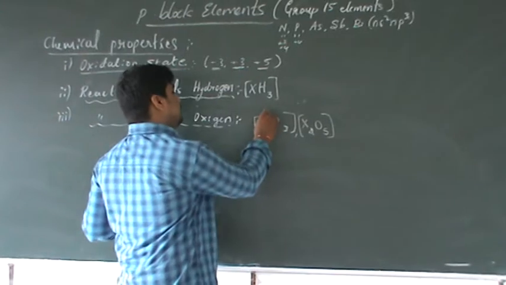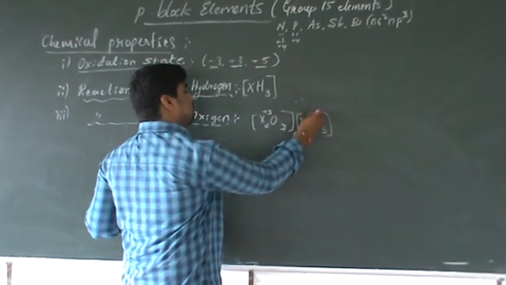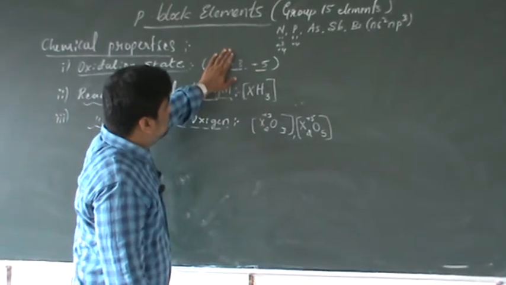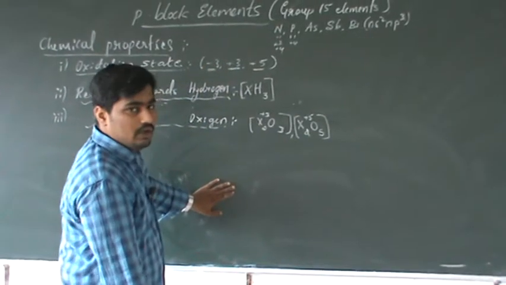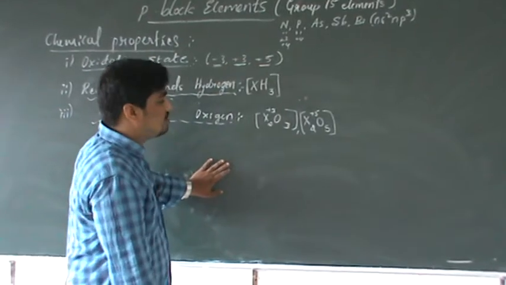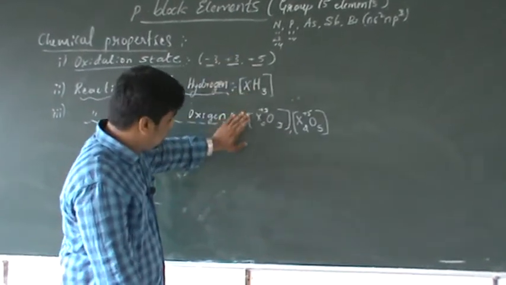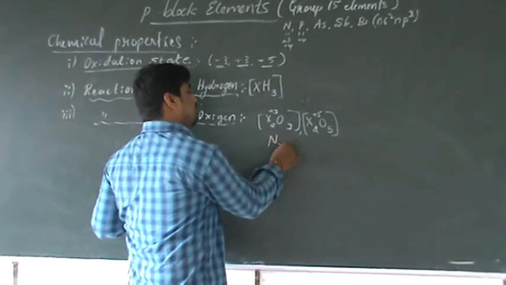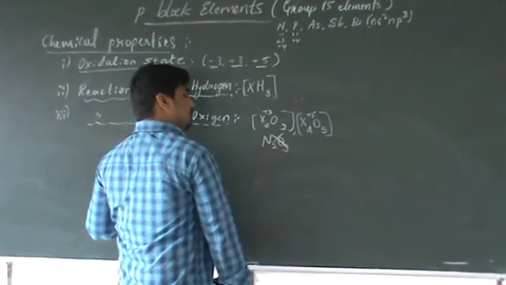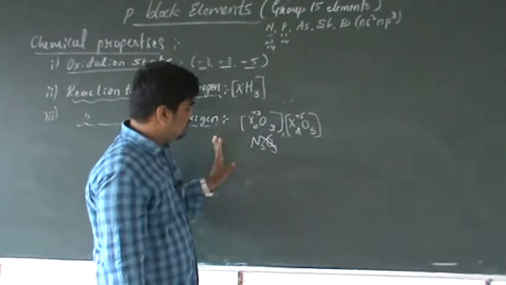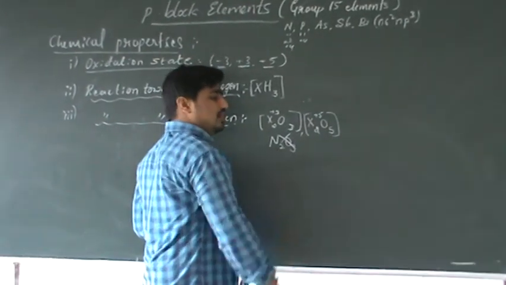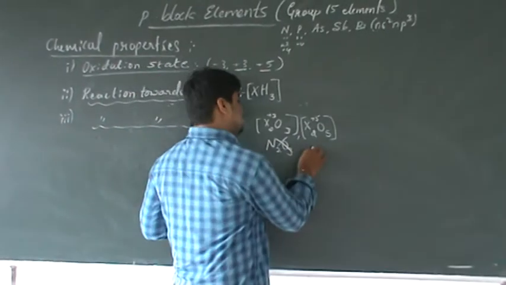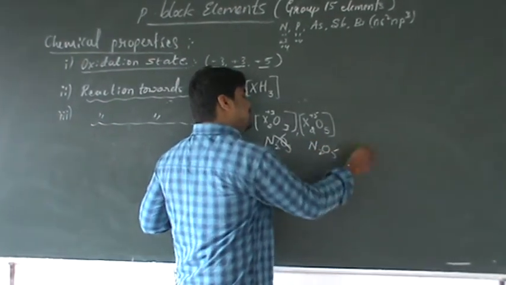In this case it behaves as +3, in this case as +5. What happens to the +3 oxidation state when we move down the group? It increases. Because of that, nitrogen does not show this type of compound easily, with less possibility. There is one oxide: nitrogen trioxide, nitrogen pentoxide. Yes, they exist, but their stability is less.